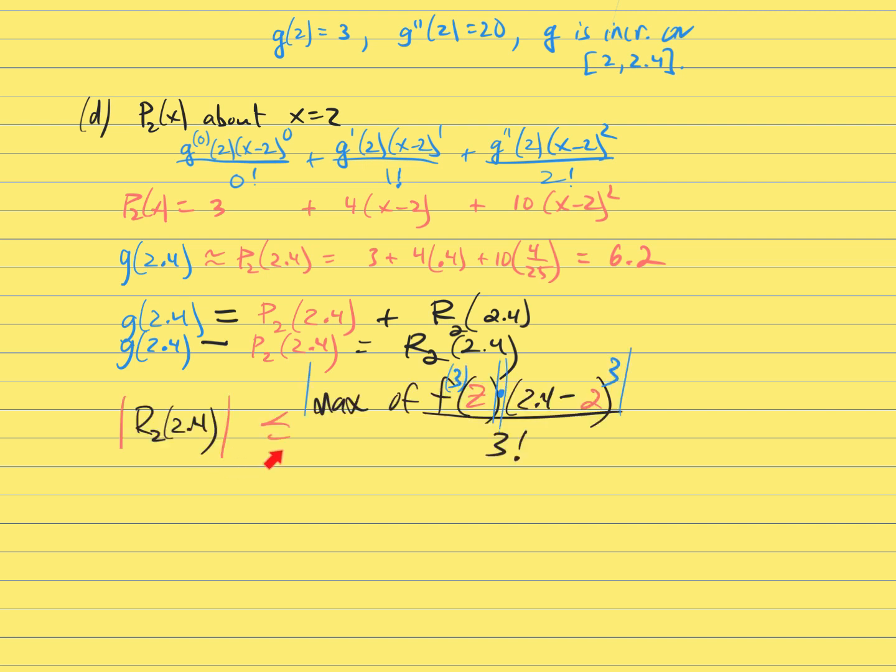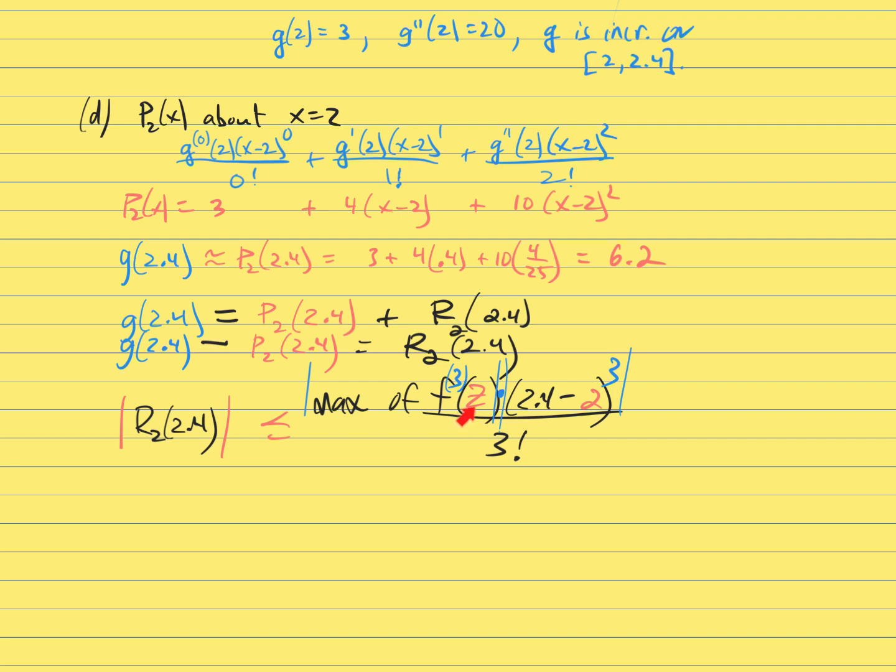And that error is bounded by the product of the maximum third derivative of some value z between 2.4 and 2 times this value to the third over 3 factorial. And this is just the Taylor formula for the third degree term, except that we have a z here instead.